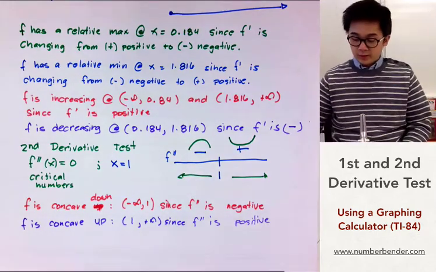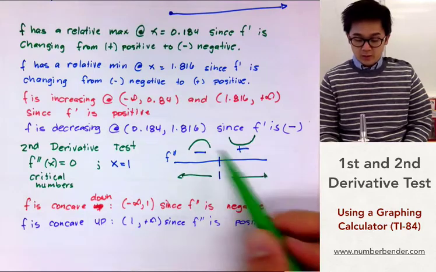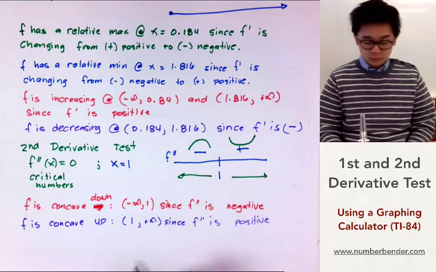And also, we know that the point of inflection exists because the concavity is changing from negative to positive at x equal to 1.